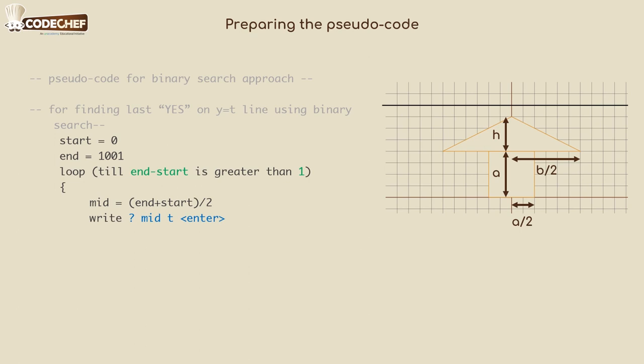We can get a wrong answer if we don't put this enter. Now we need to read a string that returns a yes or no. Then put a condition. If it returns yes, then we need to move the start pointer to mid. Else we need to move the end pointer to mid, as seen in the animation. And finally we need to return start from this function.